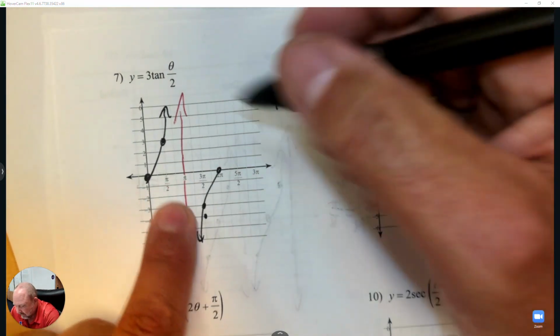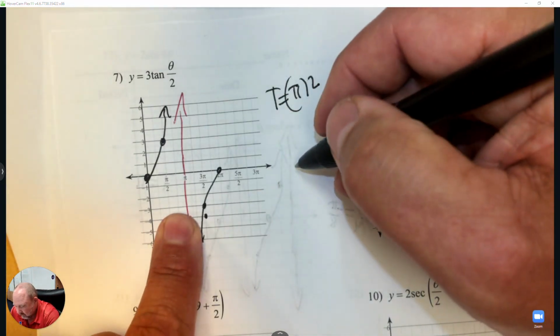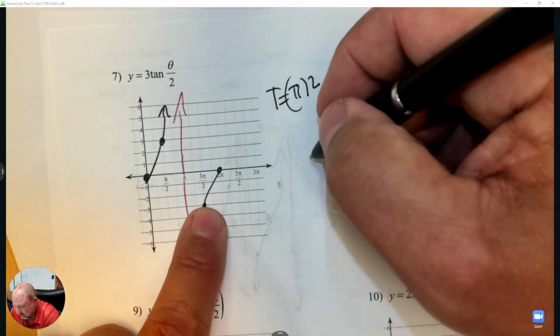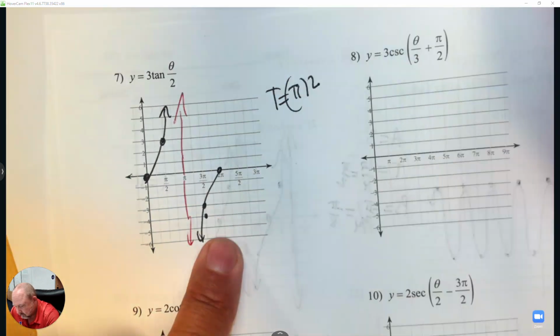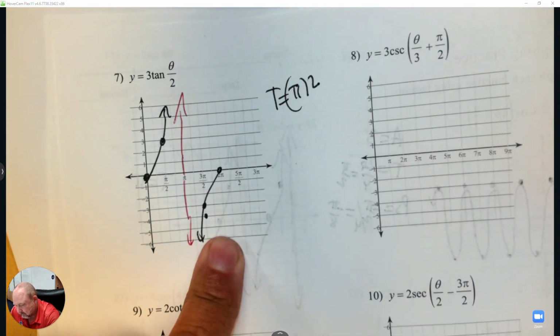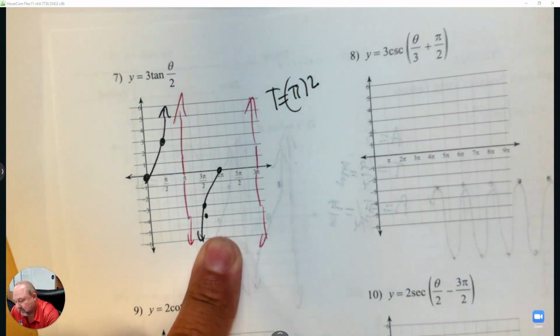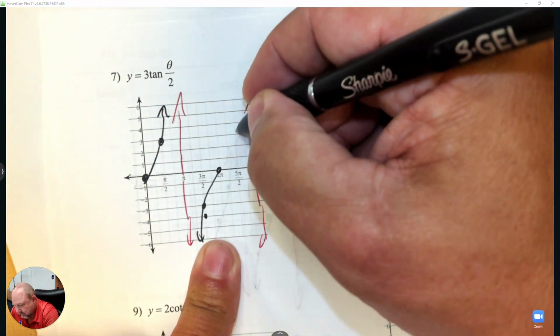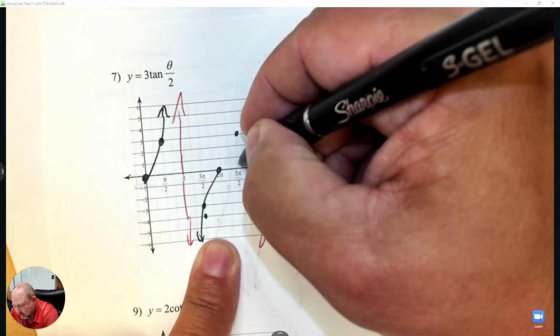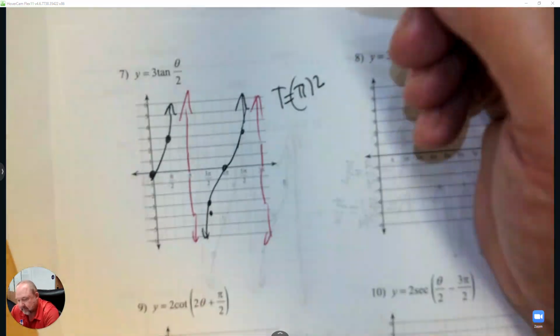So 2 pi, make sure I got this. So 4. Asymptote is following the pattern to 4, 3, 3, and I curved it. Perfect.